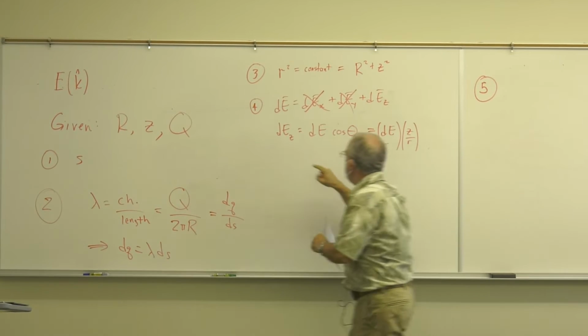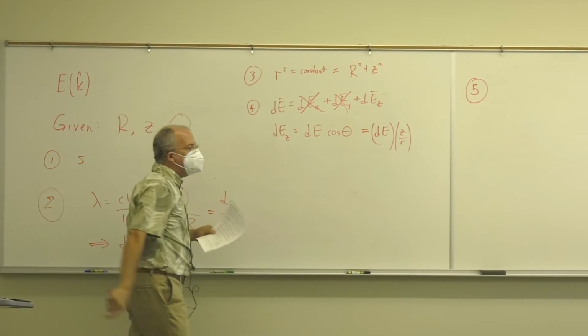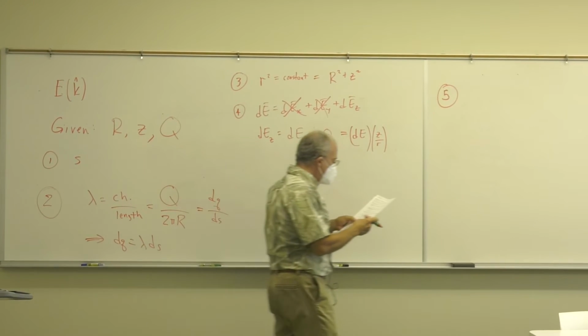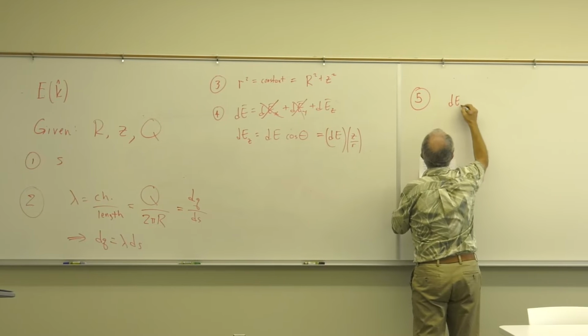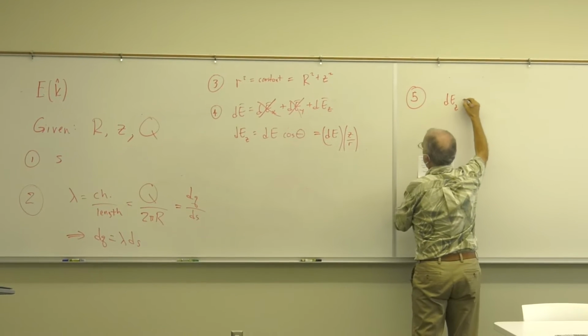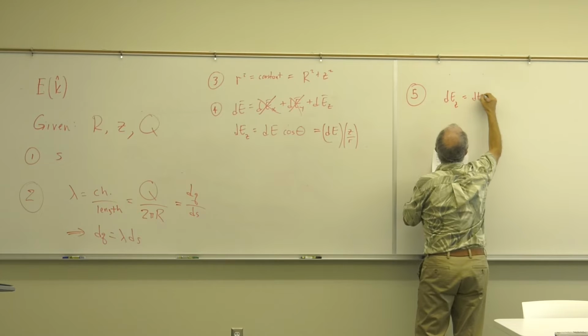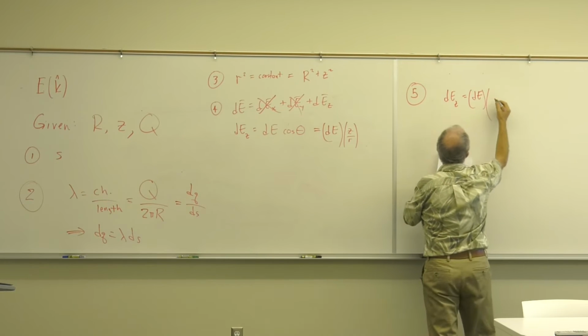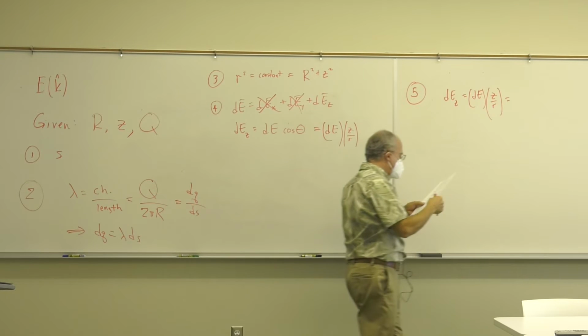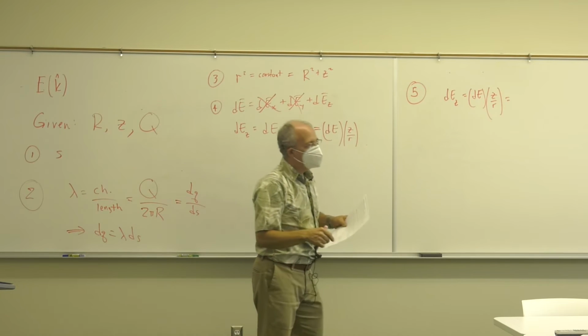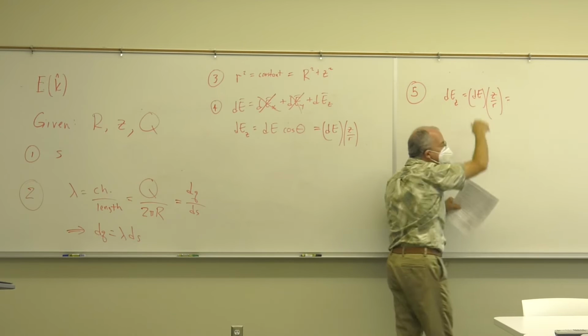So this is what we want to sum, right? We want to sum all the dEz's. So let's do it. dEz is dE, I'm not going to skip any steps, times z over r. Now what's dE? This is an easy question. What's dE?